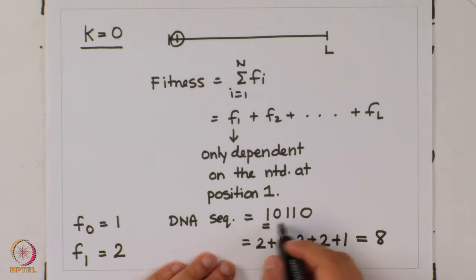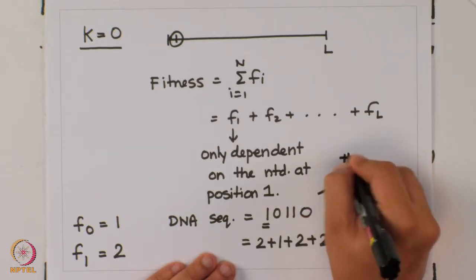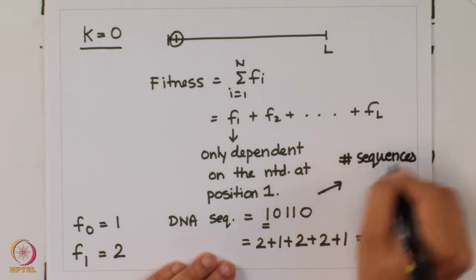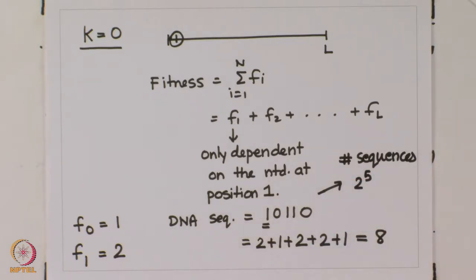That is how you would define the fitness for every possible nucleotide sequence of length 5 here. The number of sequences will be 2 to the power 5 and not 4 to the power 5, because we are treating DNA as a binary polymer.